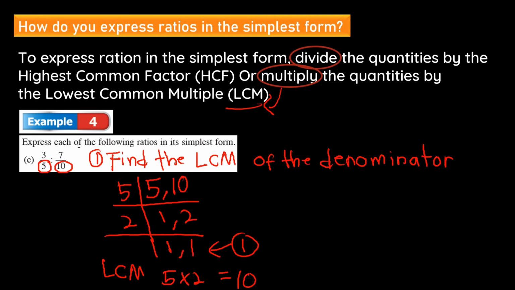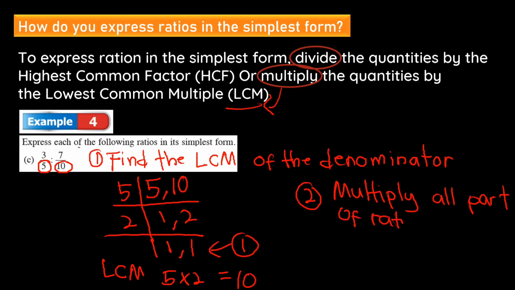The second step is to multiply all parts of the ratio with the LCM.